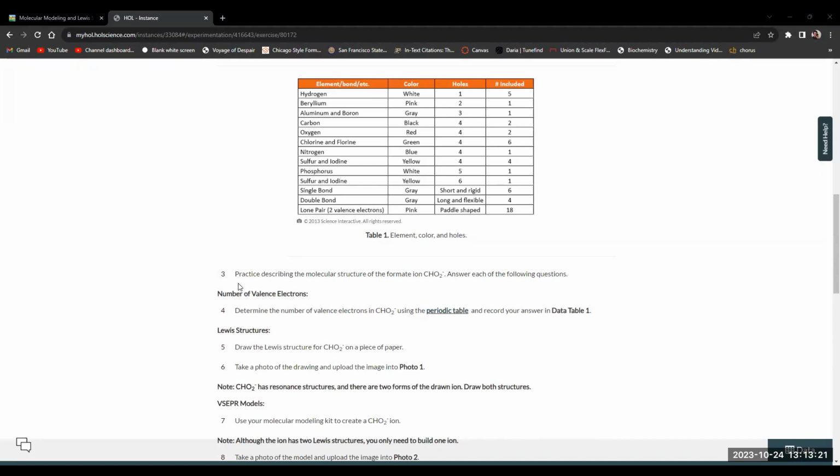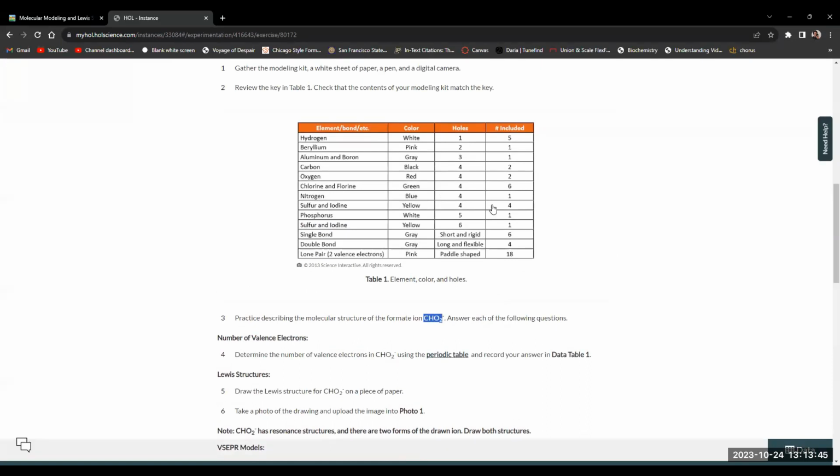So here at item number 3, it says practice describing the molecular structure of the formate ion, CHO2 minus, and then answer the following questions. So let's start off by building this, and use the table above as a way to know which balls to use.